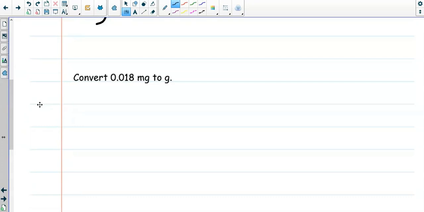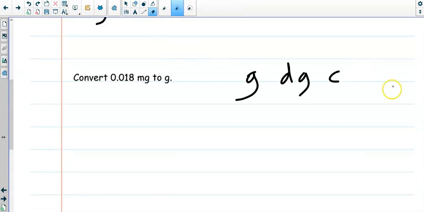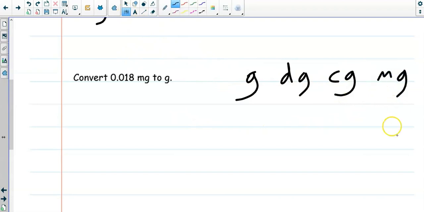Okay, so if we look at our table, grams, then decigrams, then centigrams, not centimeters, centigrams, Mr. Armstrong, and then milligrams. We're starting here at 0.018 milligrams, and we want to move to grams.